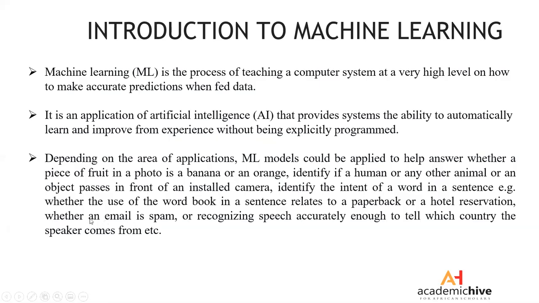Then machine learning models can also be designed to determine whether an email is a spam or not, or to recognize speech accurately enough to tell which country the speaker comes from, using our intonations and what have you.